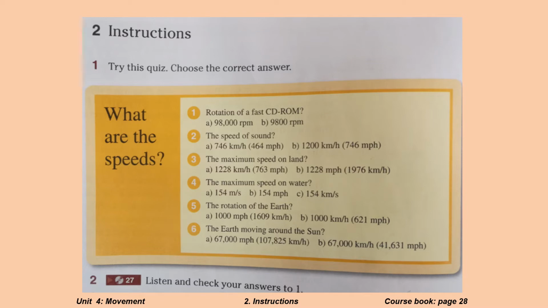Number 6. The Earth moving around the Sun. What is the speed of the Earth moving around the Sun? Is it A, 67,000 miles per hour, which is 107,825 kilometers per hour, or 67,000 kilometers per hour, which is 41,631 miles per hour?